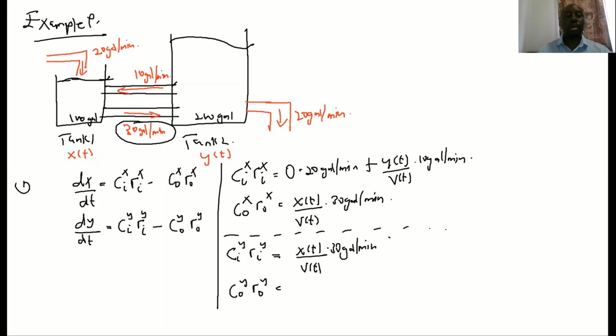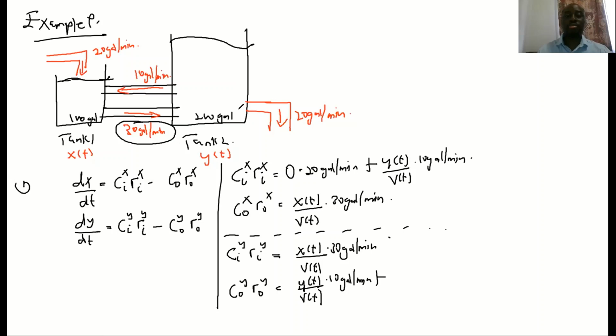Now let's look at the brine going out of tank 2. There are two ways in which brine can leave tank 2. It can leave tank 2 and go into tank 1, so brine is being pumped out of tank 2 into tank 1 at a rate of 10 gallons per minute. The concentration of that brine is the amount of salt in tank 2 divided by the volume of brine in tank 2, times 10 gallons per minute.